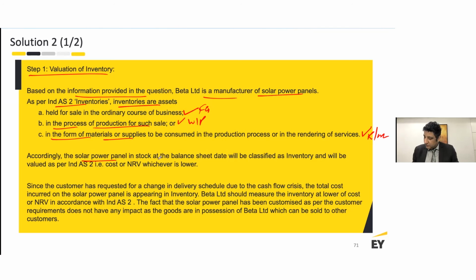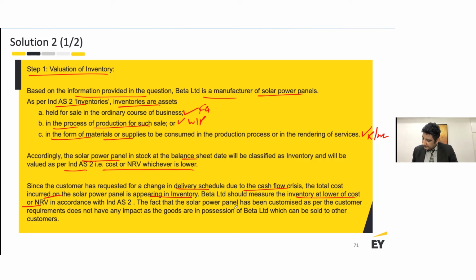Accordingly, the solar power panel in the inventory will be classified so and valued at cost or NRV, whichever is lower. Now, since the customer has requested a change in delivery schedule due to the cash flow crisis, the total cost appearing in the inventory, 14 lakh rupees we talked about, should be measured at the lower of cost or NRV.